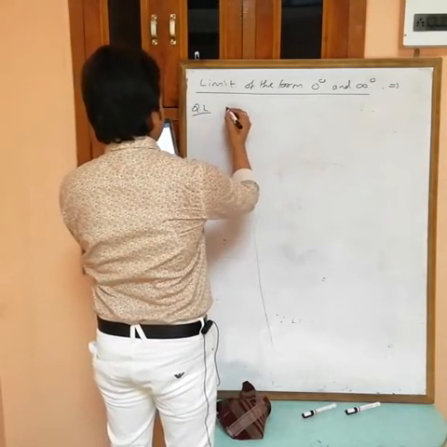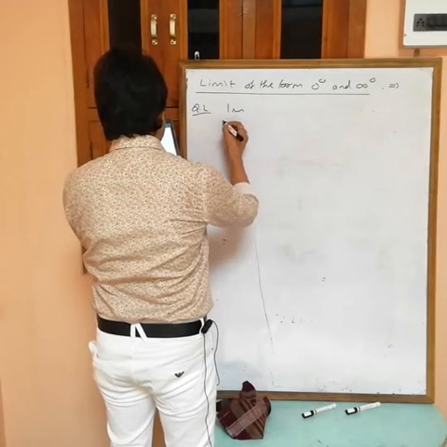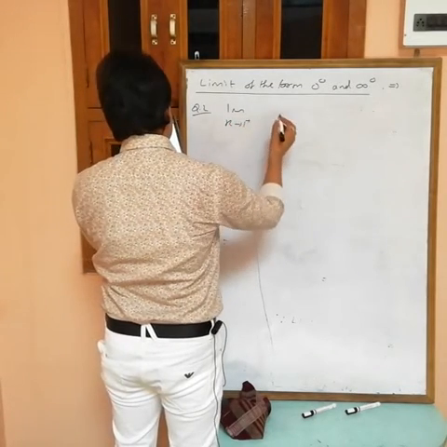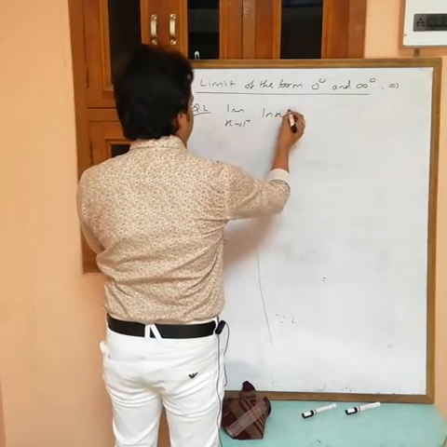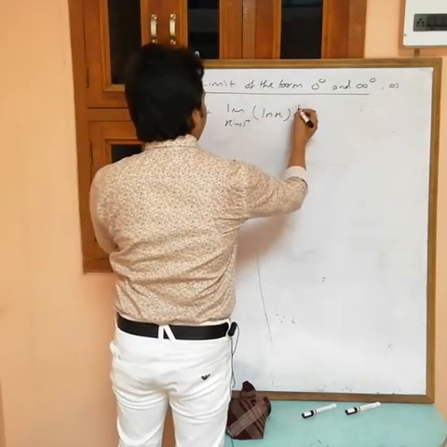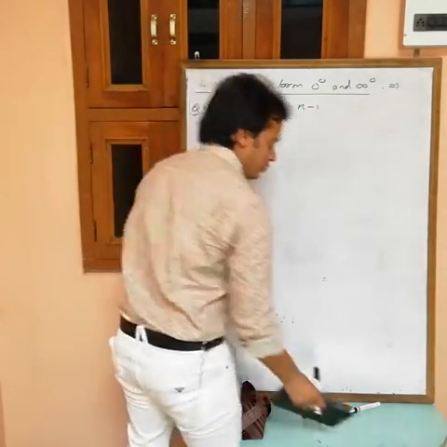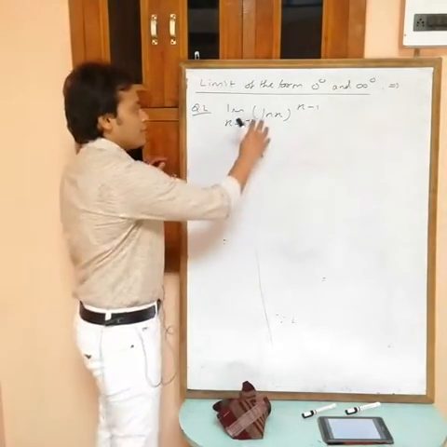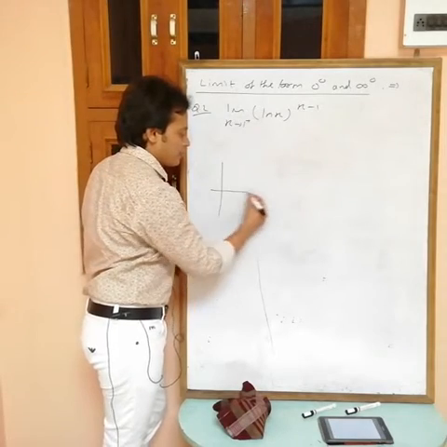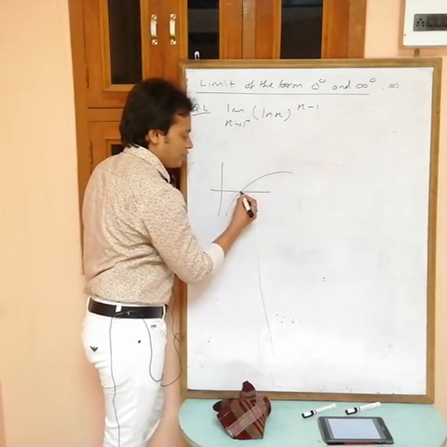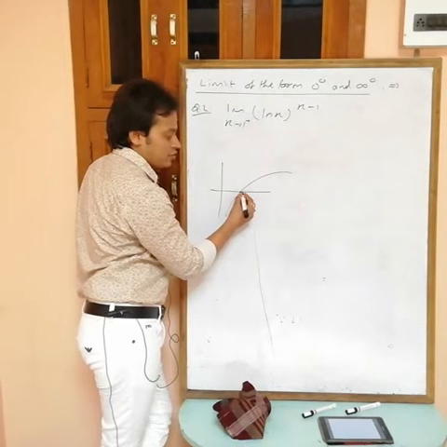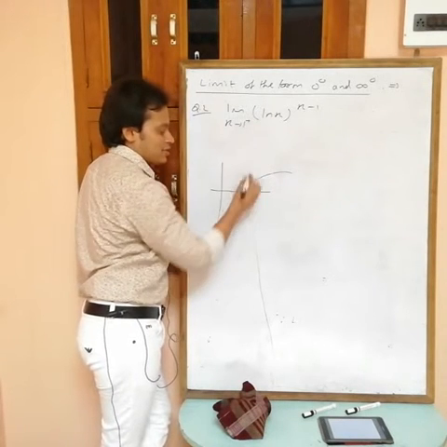Question number 2 is limit x tending to 1 plus of ln x power x minus 1. See, again we want the value at 1 plus, because here we have ln x. If you draw the graph of ln x, this is 1. If x is 1 plus, just greater than 1, then ln x is positive.